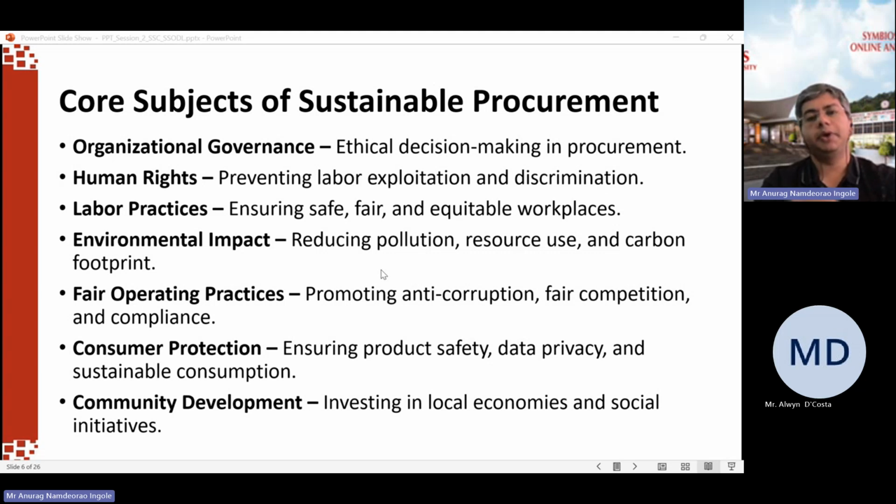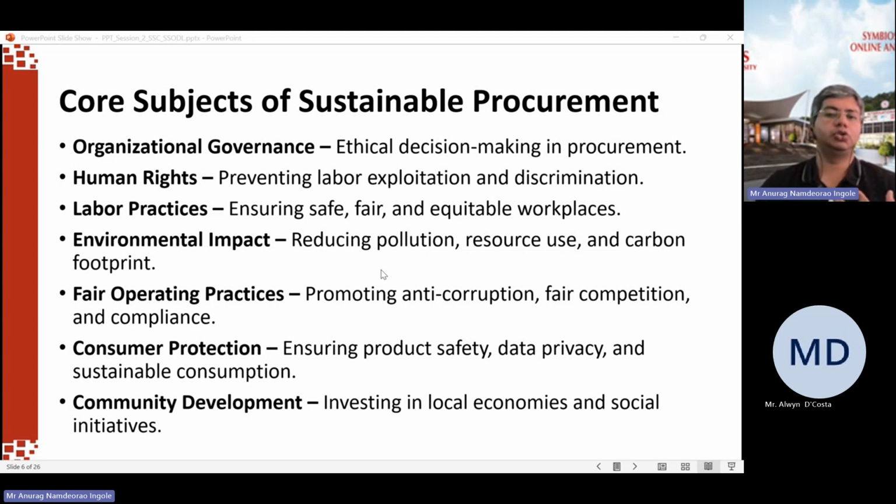Then human rights, preventing labor exploitation and discrimination, whether it is at your manufacturing facility, at your warehousing facility, at your distributor facility, at your retailer with which you are having any contracts to sell your product, your suppliers from which you are buying, and even your tier 2, tier 3 suppliers, who are the suppliers of your primary suppliers.